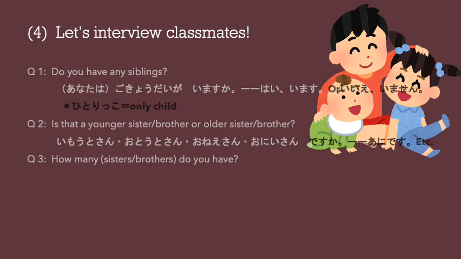Then the answer is 兄が一人います。姉が二人います。妹が三人います。So on and so forth. Okay, pause the video and interview 3 classmates and write down the sentences to describe what you have found out on page 5 underneath section 4.